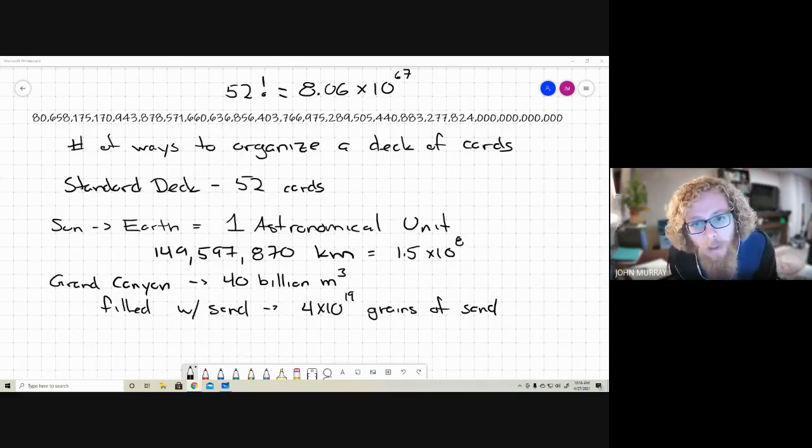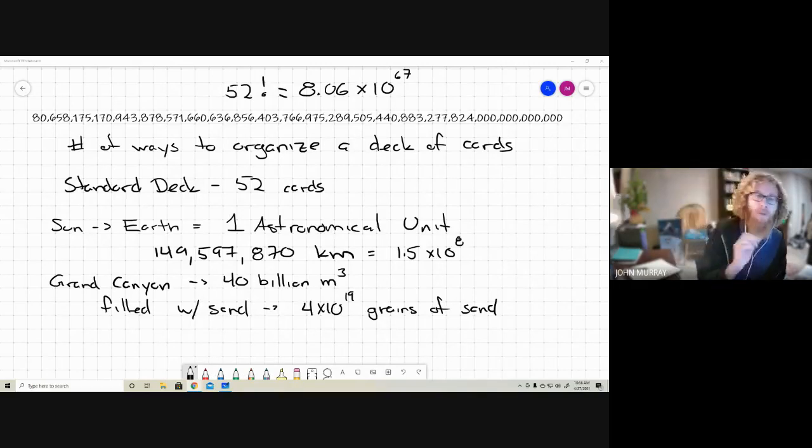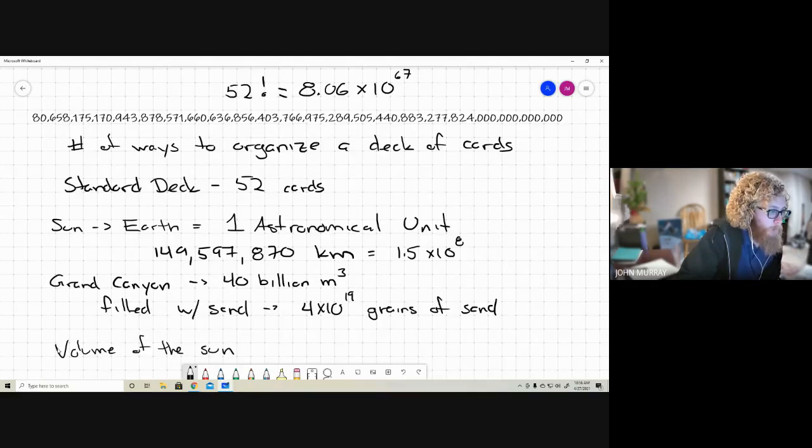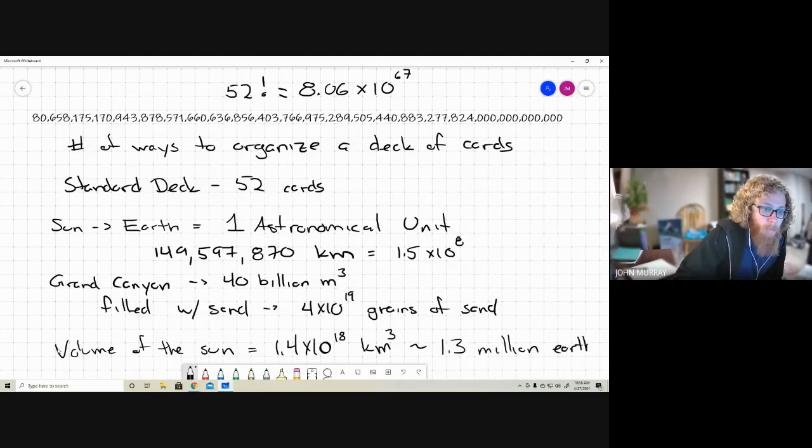The volume of the sun is 1.4 times 10 to the 18th cubic kilometers.